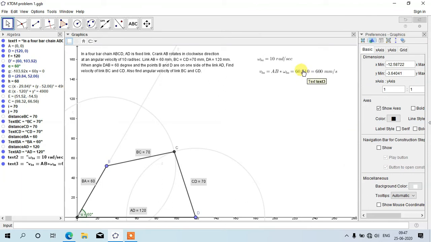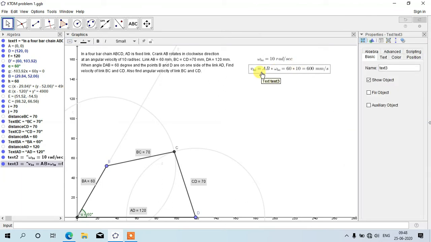Okay, so from this formula we have the velocity of link AB, or you can say velocity of point B with respect to A, equal to 600 mm per second.